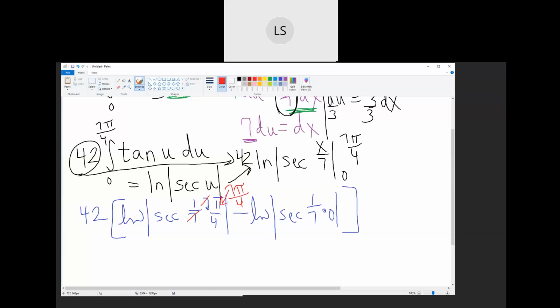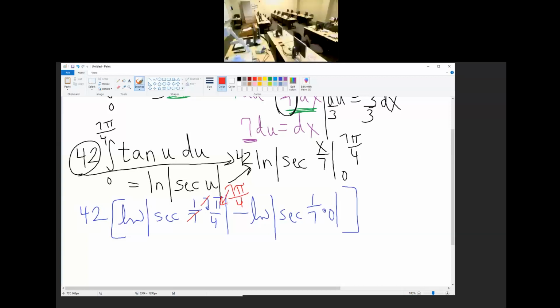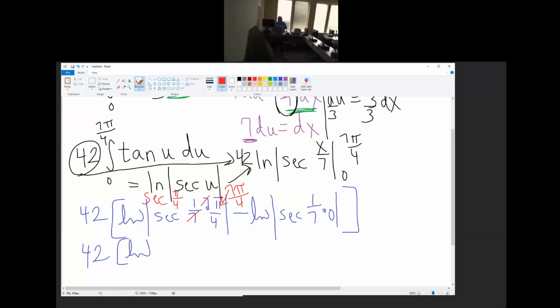Now we're trying to find secant of pi over 4. And whether you use your calculator or look online, secant of pi over 4 is exactly square root of 2.